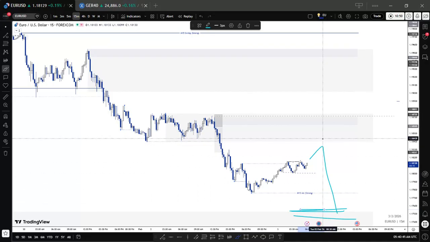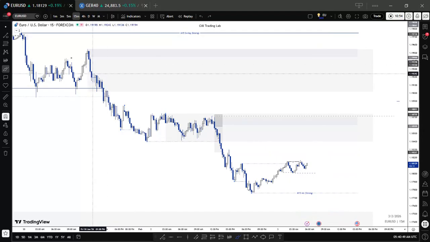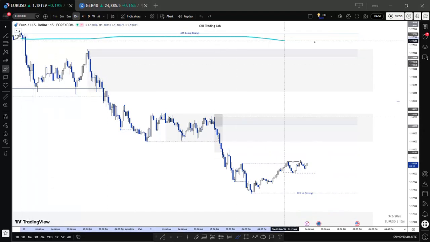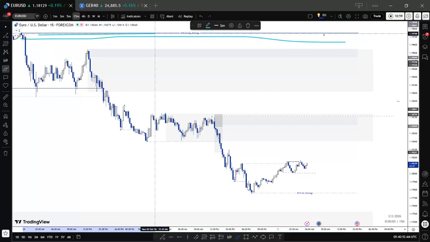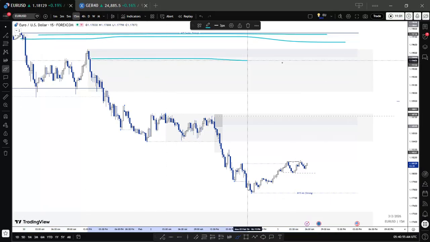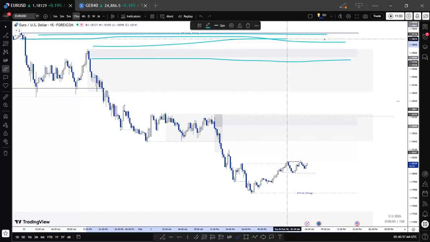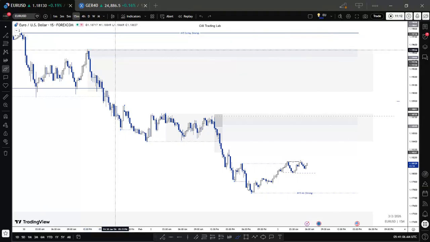Then you can look to catch phase B. For phase B, if you want to trade directly from phase B, it's best to trade from the extreme. In this case, the extreme is way above here, but also this is good. If price mitigates here, it's a really nice zone to catch phase B. It's nested within the 4-hour supply.